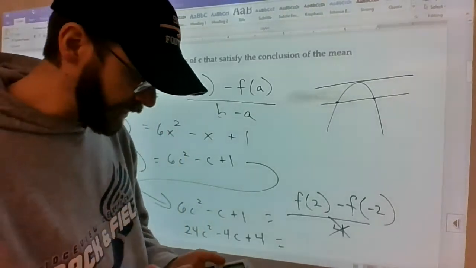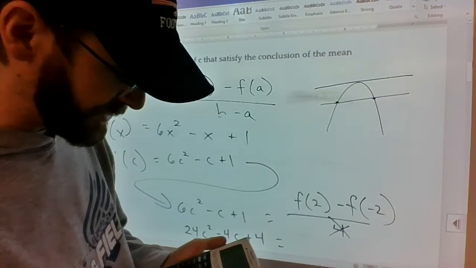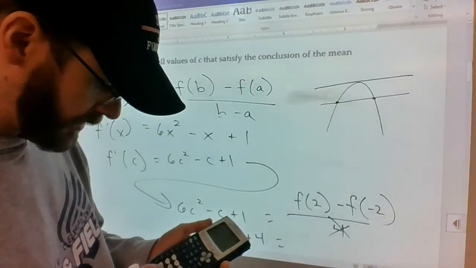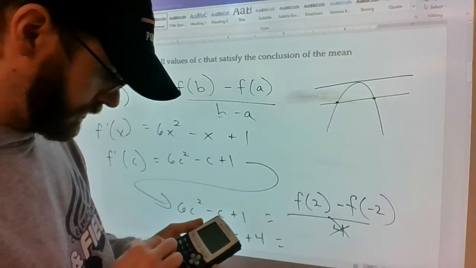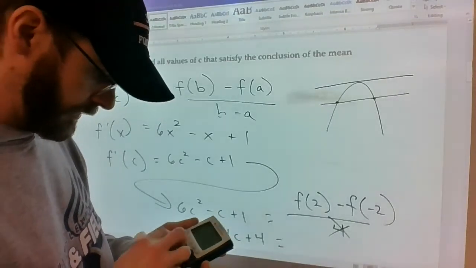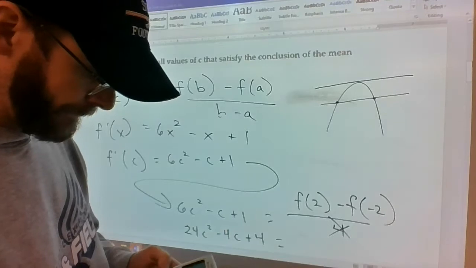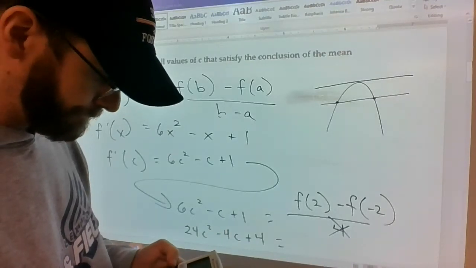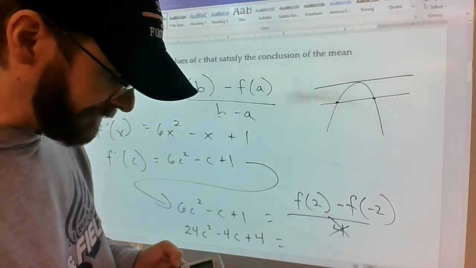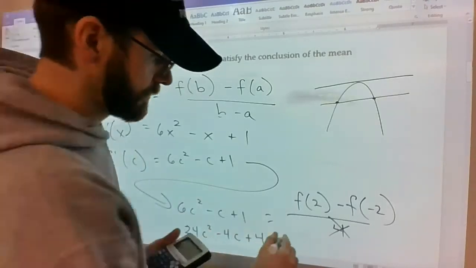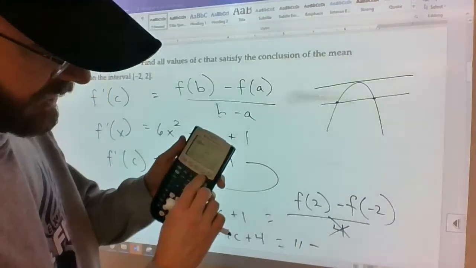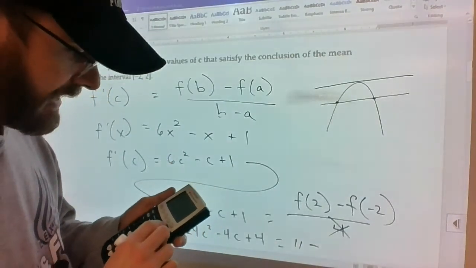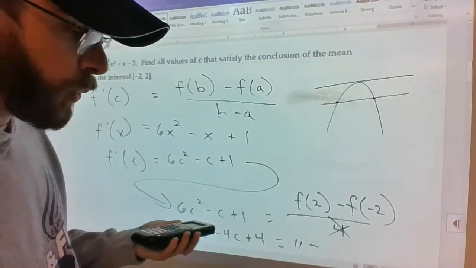I'm just going to use my calculator to hopefully expedite this process. So f of 2 would be 11. F of -2, I'm using a calculator with a table of values, is -25.